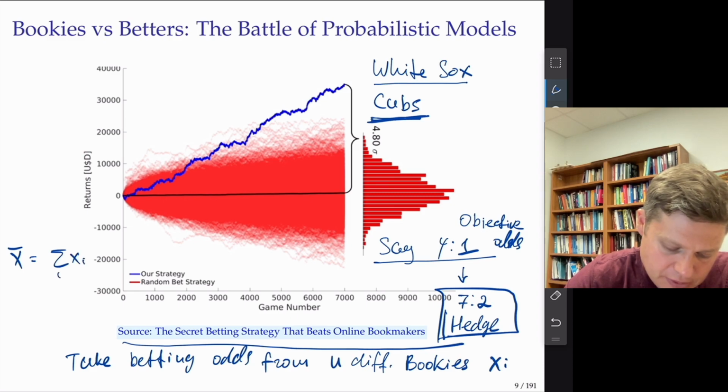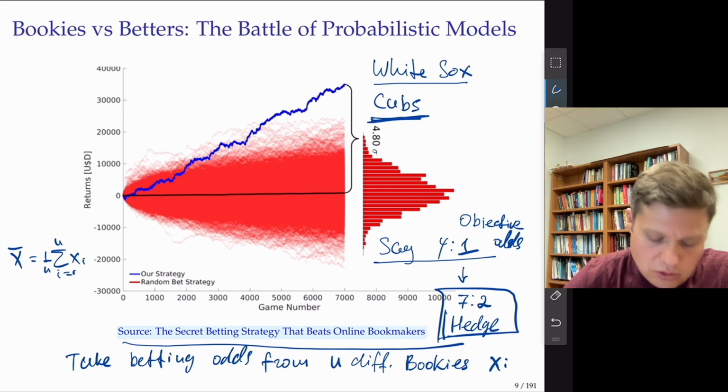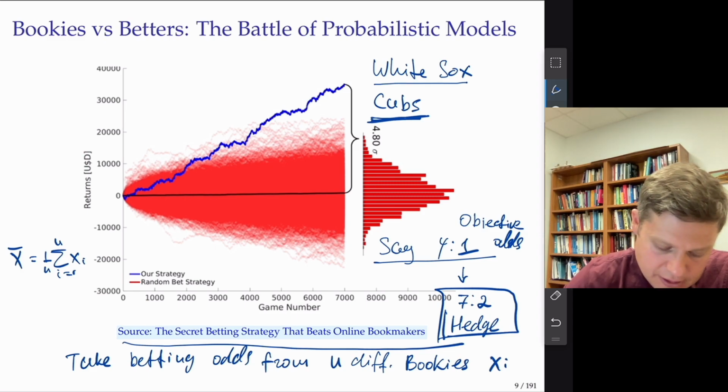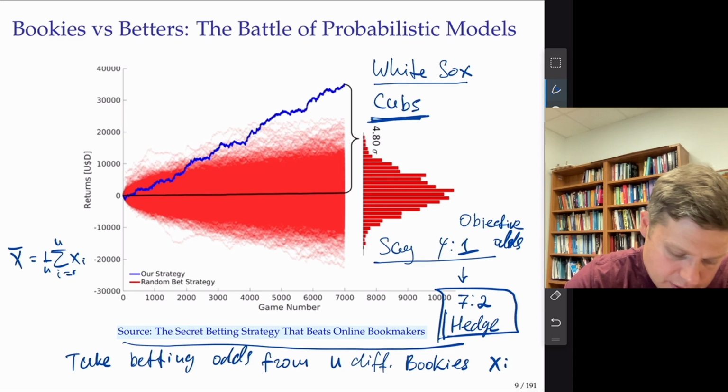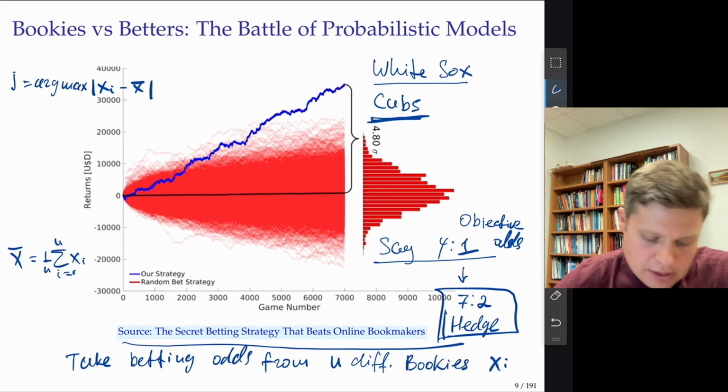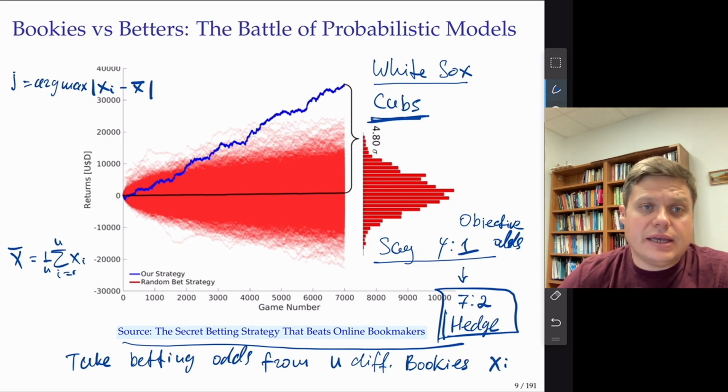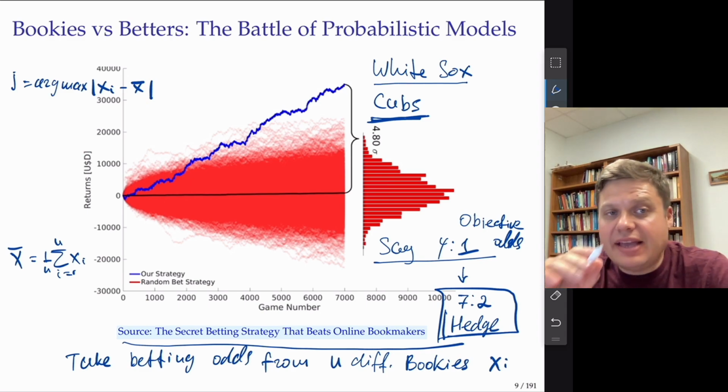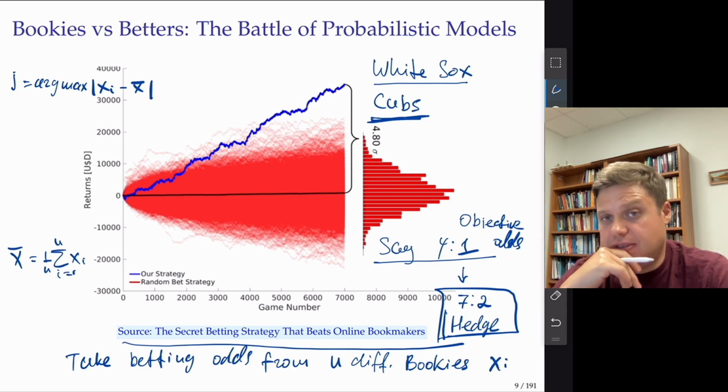So they sum up all those betting odds from all the bookies. And then they solve the simple problem. So they find index j. They basically find a bookie that deviates the furthest from the average.